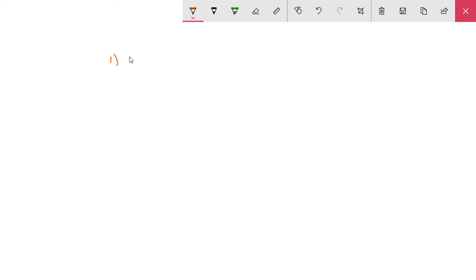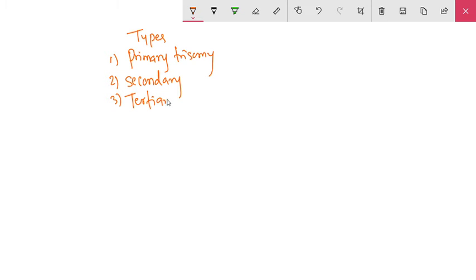Number one, the primary trisomy, then the secondary trisomy and the tertiary trisomy. The primary trisomy means what?